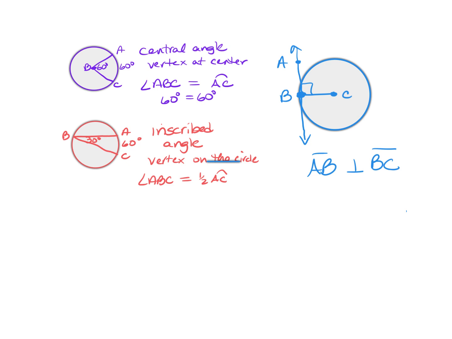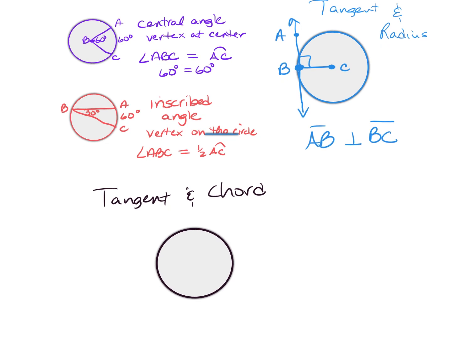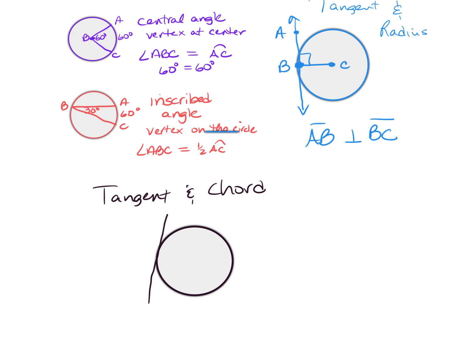Today, we learned about a tangent and a chord. So this was over here, the blue one was a tangent and a radius. Now we're going to see a tangent and a chord today. So if I draw my circle here and I draw my tangent, and then I draw a chord.